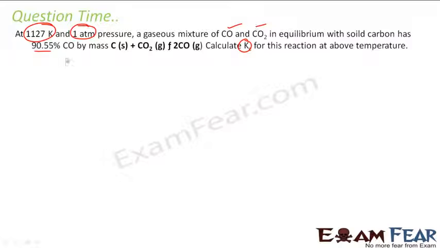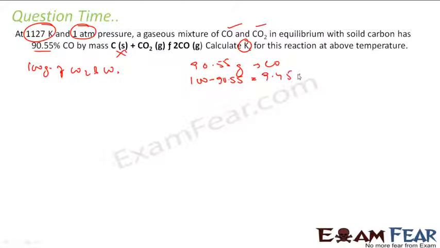Let's suppose there are 100 grams of the mixture. Then 90.55 grams is CO, and CO2 is the remaining, 100 minus 90.55, that is 9.45 grams. But grams is useless for me, I have to find something in moles.